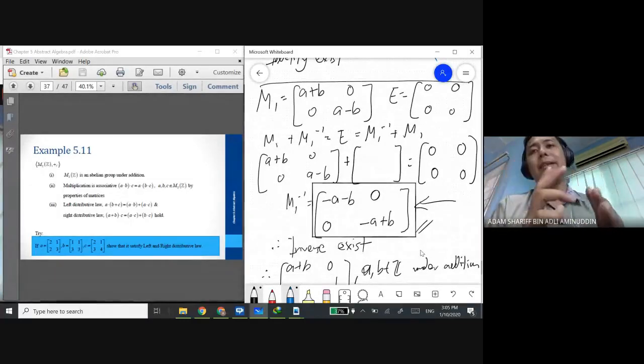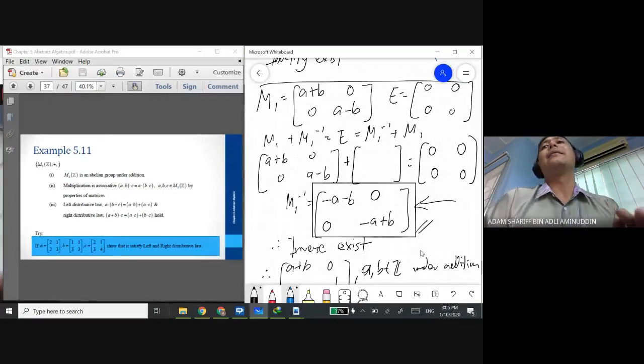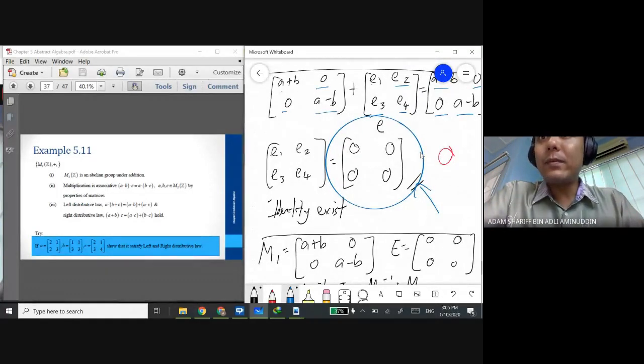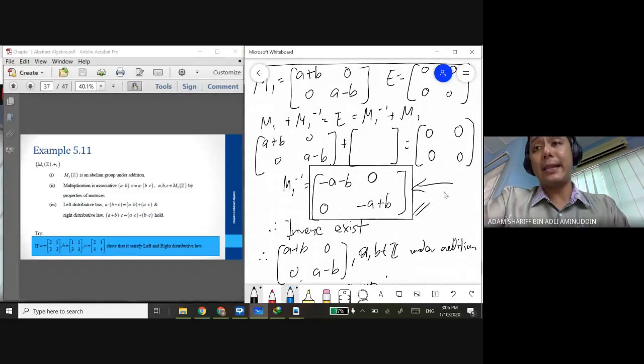But bear in mind please, to answer inverse, you must know the identity. Although the identity is not included in the marks for the subgroup kind of question, in order for you to produce this inverse, you must know the identity first. The marks is at the inverse, not at the identity.